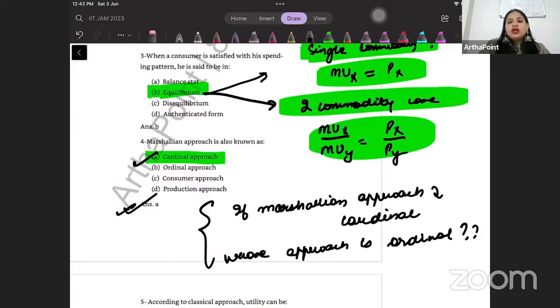Whose approach is ordinal? Can you give me the answer to this question? Take a moment. If Marshallian approach is cardinal, whose approach is ordinal?